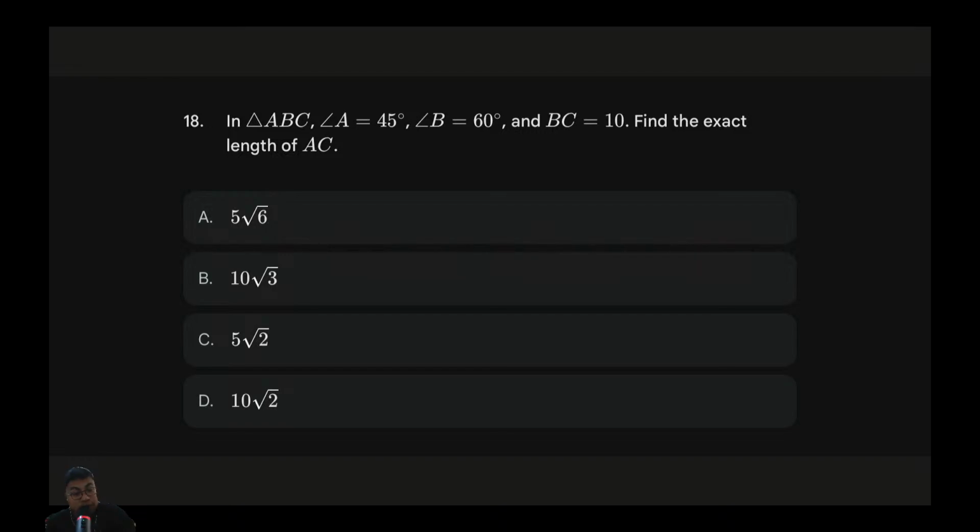For this question, in triangle ABC, A is 45, B is 60, BC is 10. Find the exact length of AC. I think we can just draw it like this: A, B, and C. A is 45, B is 60.